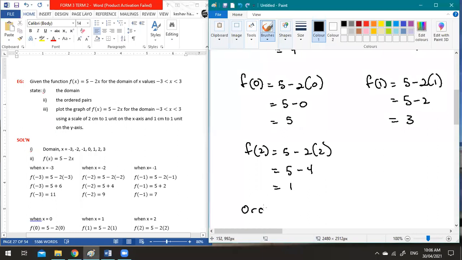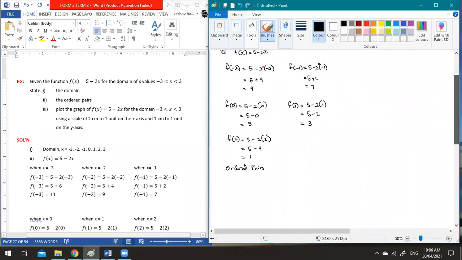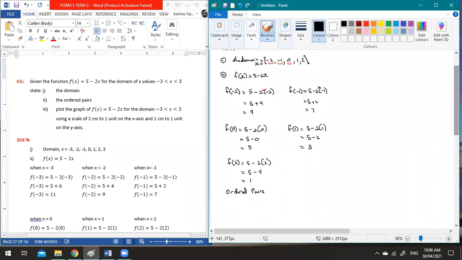So the ordered pairs will be, and it's a set, right? So you have to put the set sign and you pair them off. So -2 gives us 9. Then a comma, open the next bracket. When you put -1, the answer was 7.